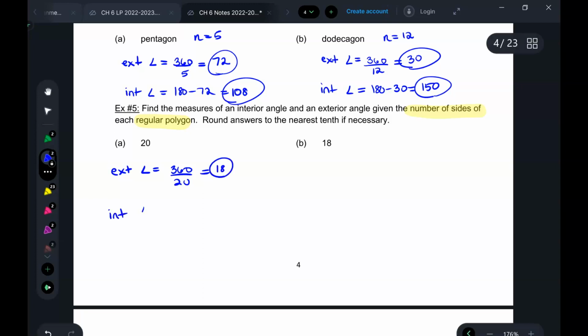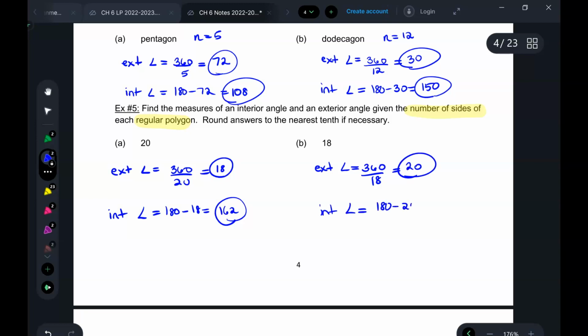And our interior angle would then be 162. That's kind of easy because it's just the opposite of this one, right? So exterior will be 18, and then the interior angle will be 162.